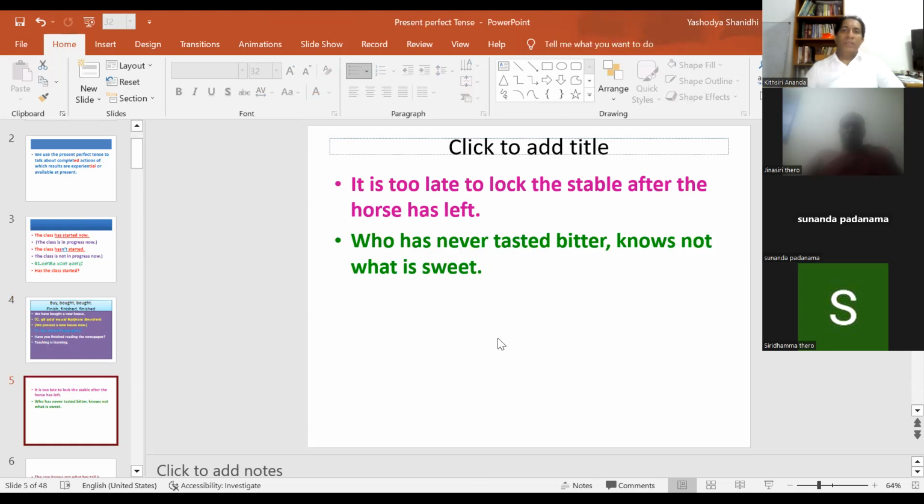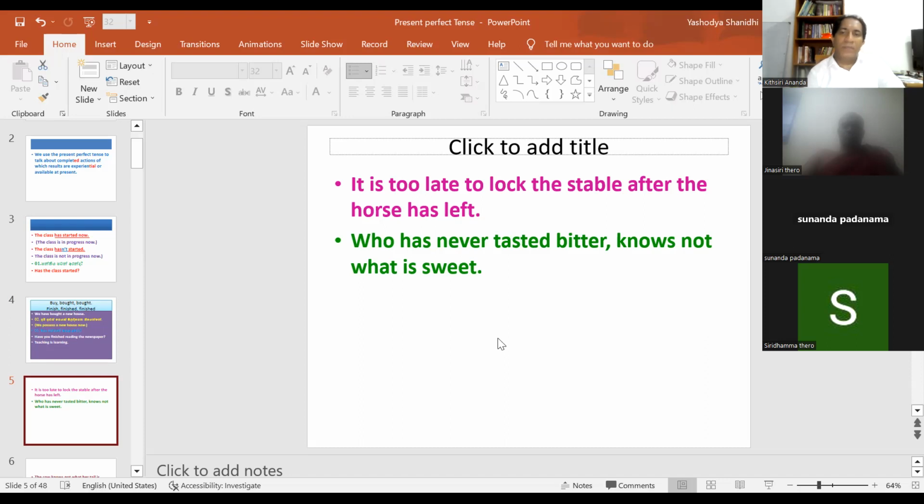Okay, now you see that it is too late to lock the stable after the horse has left. When you take these type of sayings of the language, we can see the function of the tense, and the practical setting where we can come up using the pattern.